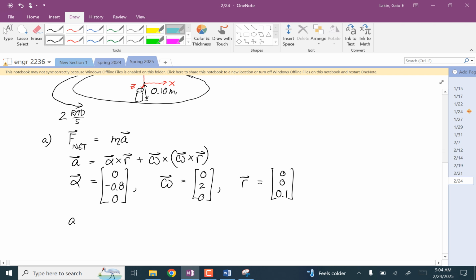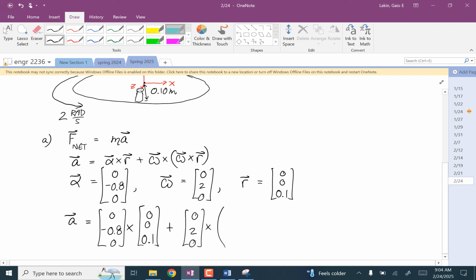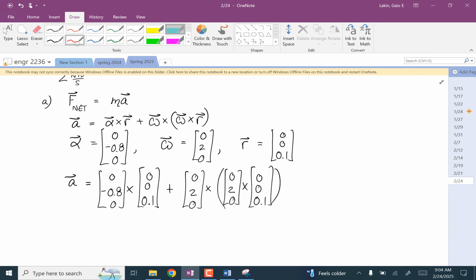And now it's just plugging this stuff in. So the acceleration of that pepper shaker is 0, negative 0.8, 0, crossed with 0, 0, positive 0.1, plus 0, 2, 0, crossed with the quantity 0, 2, 0, cross 0, 0, 0.1. This cross product gives you 0.08, 0, 0.